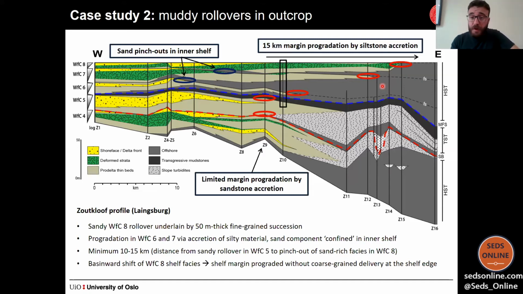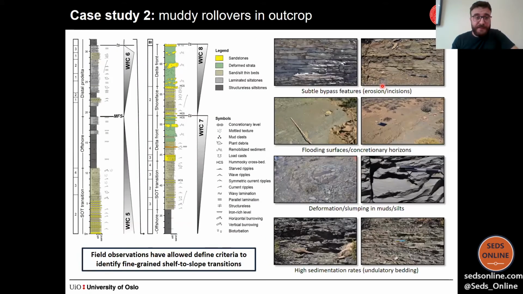So what we did was to go to the field and look at these mudstones to see if we could recognize something. Now you know how difficult it is to work in mudstones in the field. So you barely see, or you expect that you're not going to see much. But we were actually quite surprised because within these siltstones, we could see lots of things. We saw a lot of subtle bypass features like erosions and incisions.